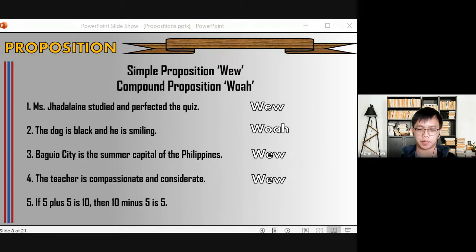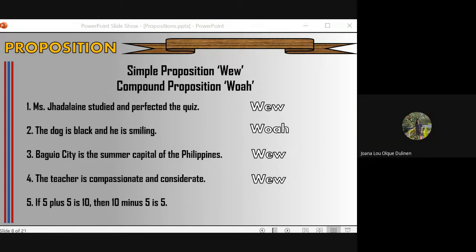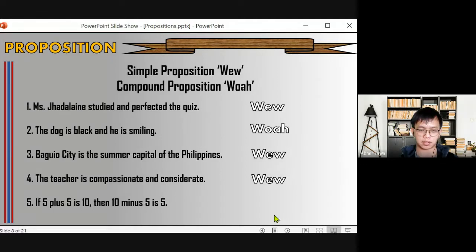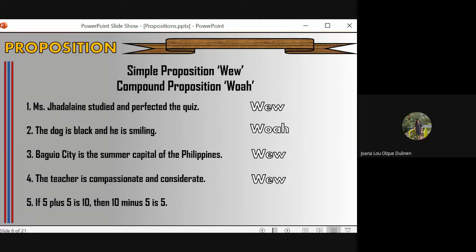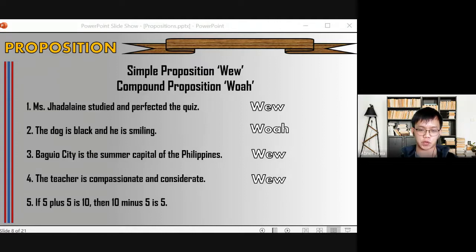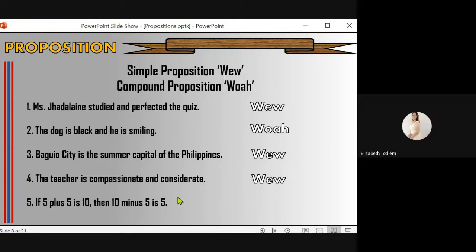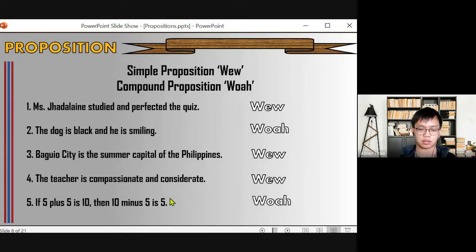What's your answer for number 5? Do you agree, Miss Elizabeth? Is it a compound proposition? So it is a compound proposition. The first sub-proposition here is 5 plus 5 is 10, and the second one is 10 minus 5 is 5. And of course, our connector here will be and again.